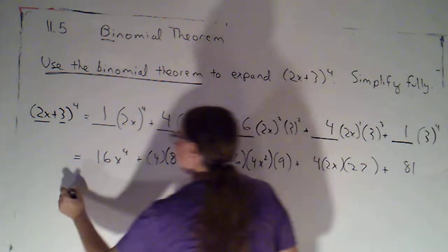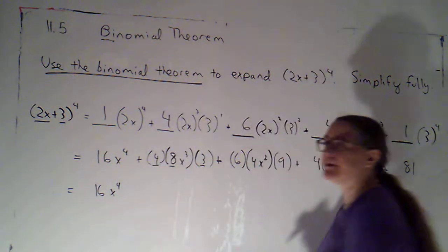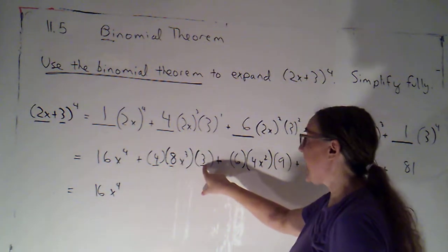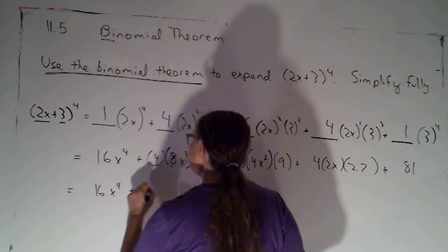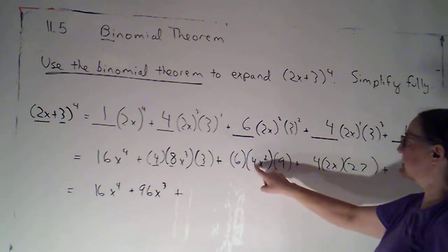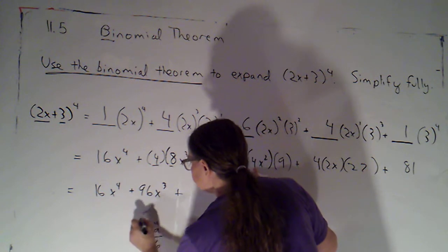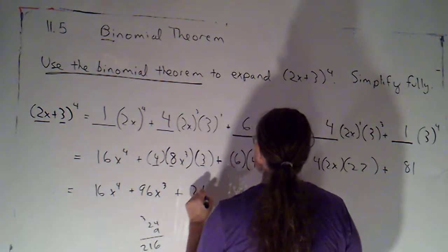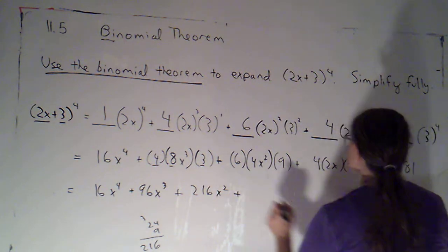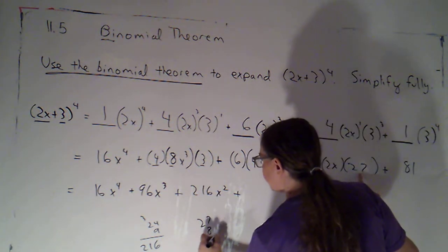So now, that's 16x^4. And here, I can just multiply out all of the numbers. So 4 times 8 would be 32, times 3 is going to be 96x^3. Plus, 6 times 4 is 24, times 9 is 216x^2, plus 4 times 2 is 8, times 27.